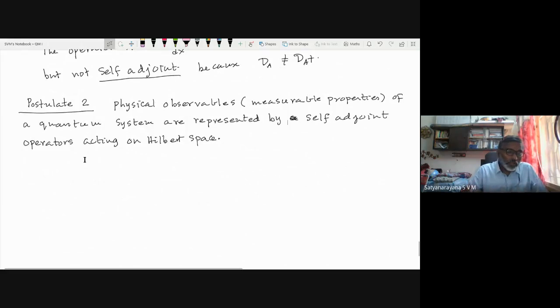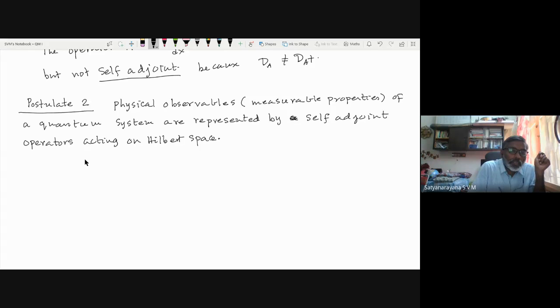Okay. So now this has an interesting thing that we have in general. At this point, let us say that we have an important thing to learn about these operators.